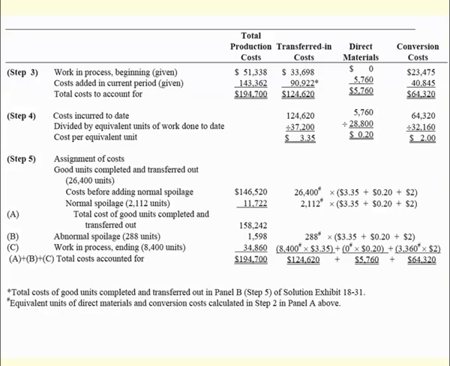Step 3, calculation of total costs to account for. We start with work in process beginning. Work in process beginning costs were given 33,698. Direct material 0, conversion cost 23,475. Then we add costs added in the current period.